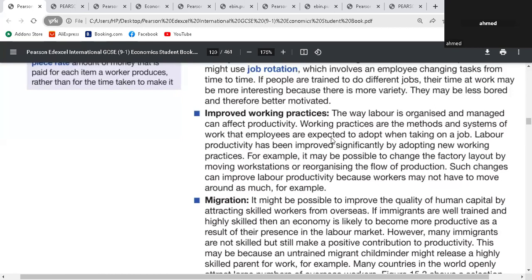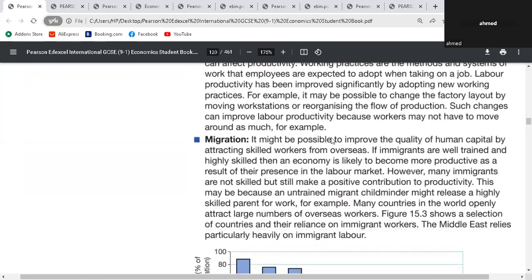Do you get it or not? I get it, Mr. So when you talk about improved working practices, we're talking about your production process. Ensure that the production method or process you use is well welcomed by your employees, by your workers. It's liked by them. Is it clear?